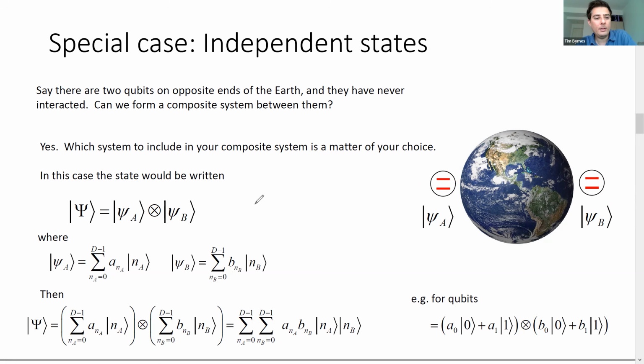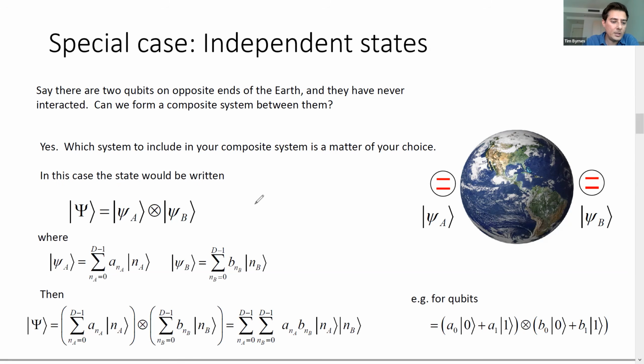But how do we take that into account mathematically? What happens in this particular situation is that yes, you do still form this composite system, and you form it in exactly the same way as I showed you before, using the tensor product. The only difference is that each of these underlying states are the states that you would consider separately for Alice and Bob themselves.